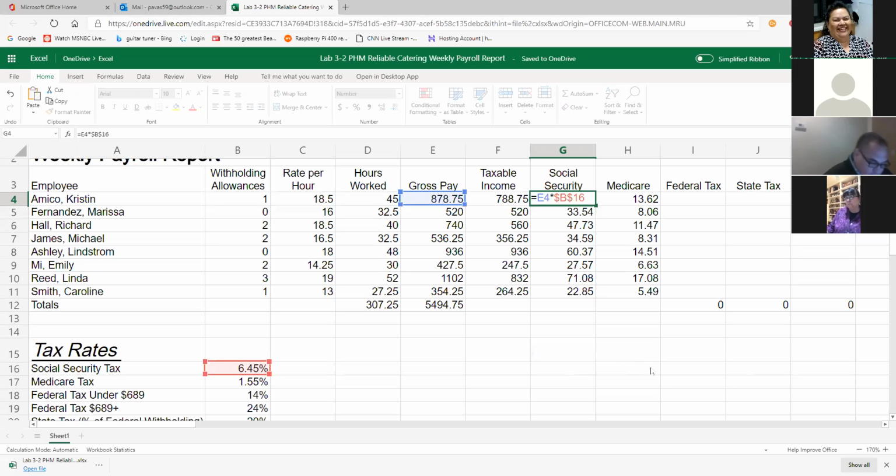All right, so for 12, we need to calculate the federal tax withheld, which is this right here, federal tax, the one you and I pay a lot of money into.